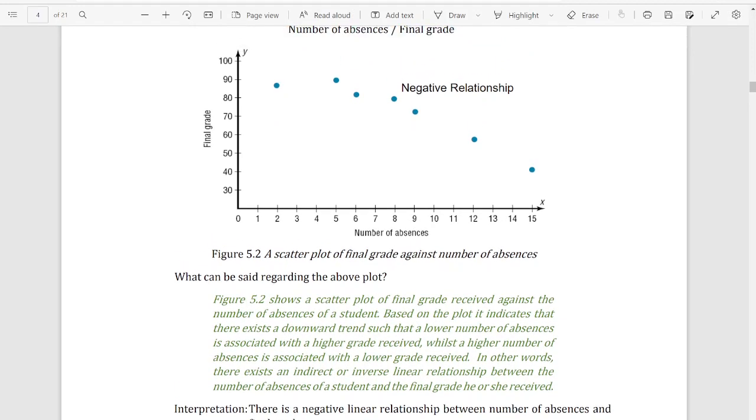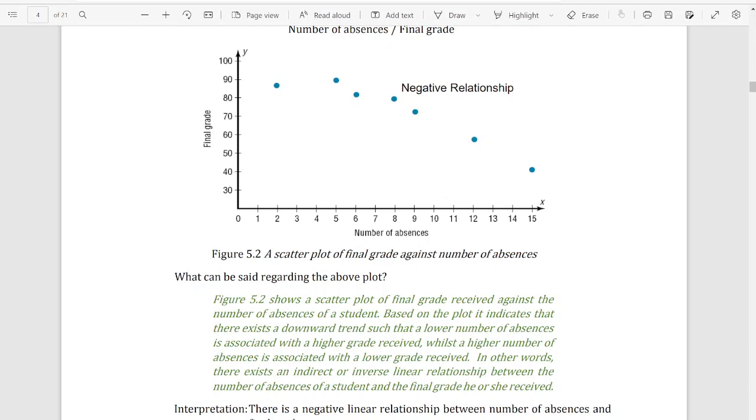So you can just say that figure 5.2, sama macam tadi. Cuba perbezaan kat sini. Figure 5.2 shows a scatter plot of final grade received against the number of absences of a student. Based on the plot, it indicates that there exists a downward trend such that a lower number of absences is associated with a higher grade received.